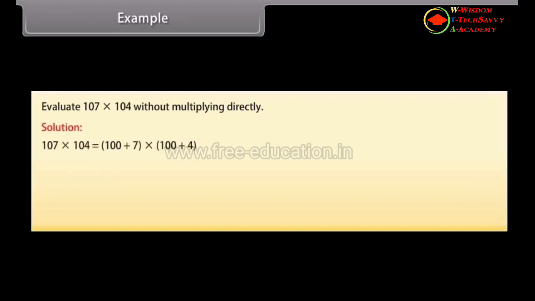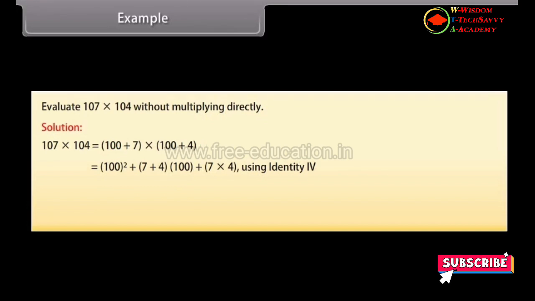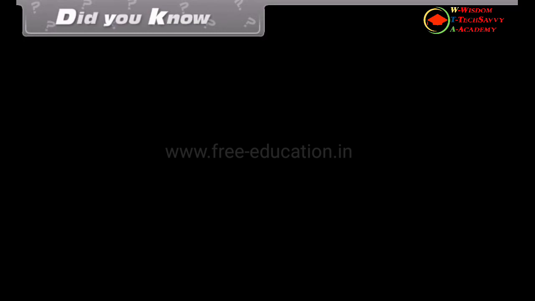Solution. 107 times 104 = (100 + 7)(100 + 4) = 100^2 + (7 + 4)(100) + 7 x 4, using identity 4, which equals 10,000 + 1,100 + 28, which is equal to 11,128.